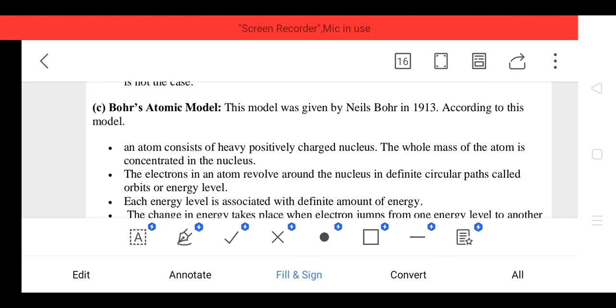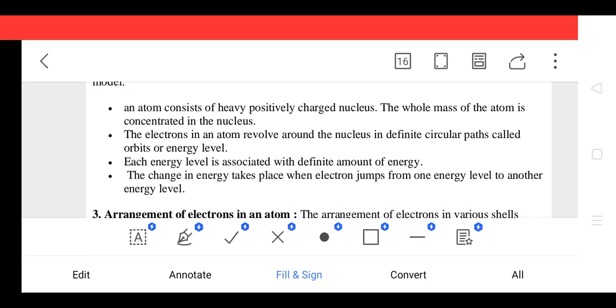Next one is Bohr's atomic model, which was given by Niels Bohr in 1913. This theory also has some observations. First one is, atom consists of a heavy positively charged nucleus. So the whole mass of this atom is concentrated in the nucleus.